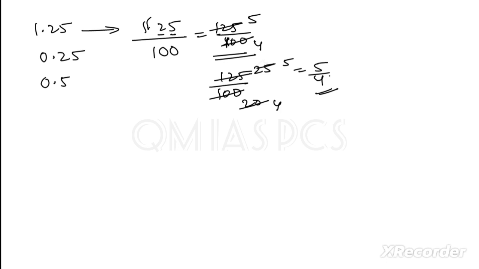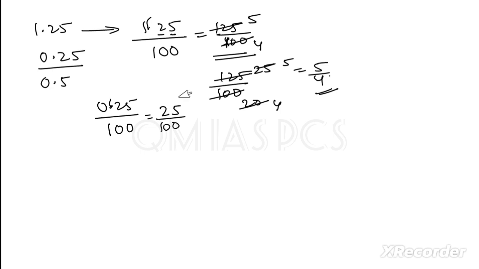Next one was 0.25. Same thing, we have to look at the decimal point and how many digits there are after it. In the denominator there is always a 1, and after the decimal there are 2 digits. So when you remove the decimal point, there will be two zeros. Our answer will be 25 by 100.